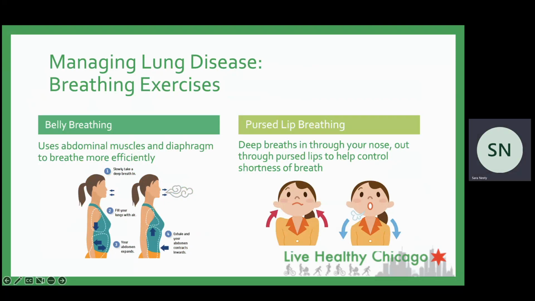So we're going to try the pursed lipped breathing as a group. I'm going to have everyone breathe in through your nose with me. 1, 2, 3, 4, 5. Now breathe out through pursed lips like you're blowing out a candle. A second time, breathe in. 1, 2, 3, 4, 5.